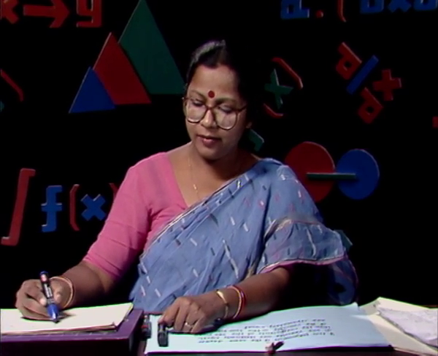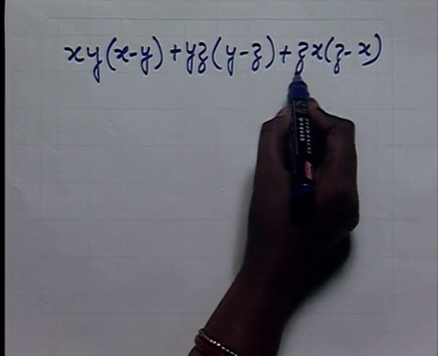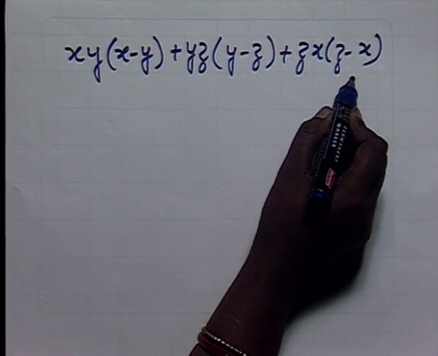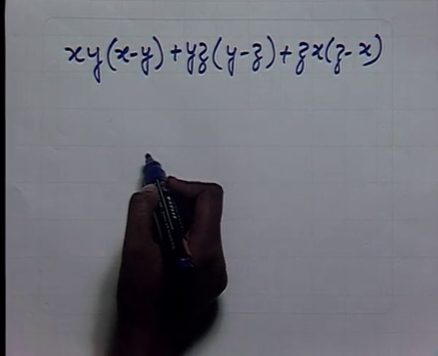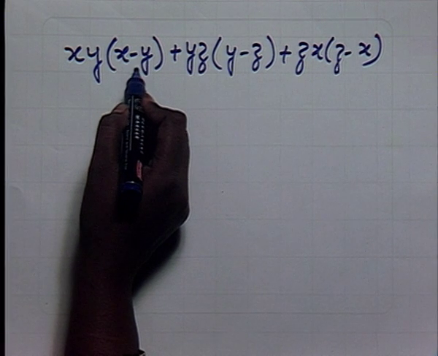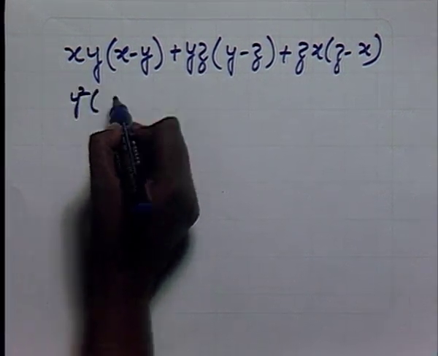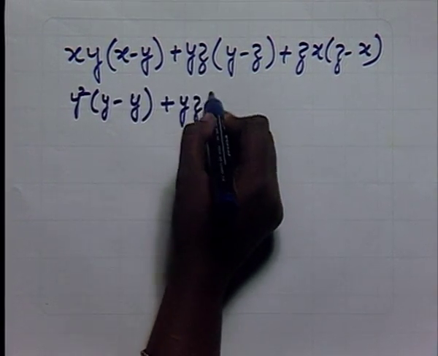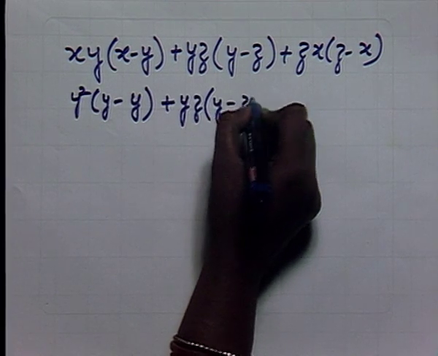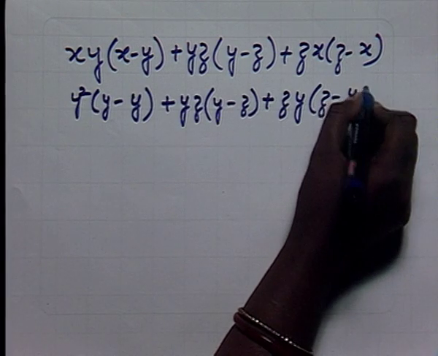Look at the expression xy into x minus y plus yz into y minus z plus zx into z minus x. What will happen if we put x is equal to y in this whole expression? If we put x is equal to y, then this becomes y square into y minus y plus yz into y minus z plus zy into z minus y.